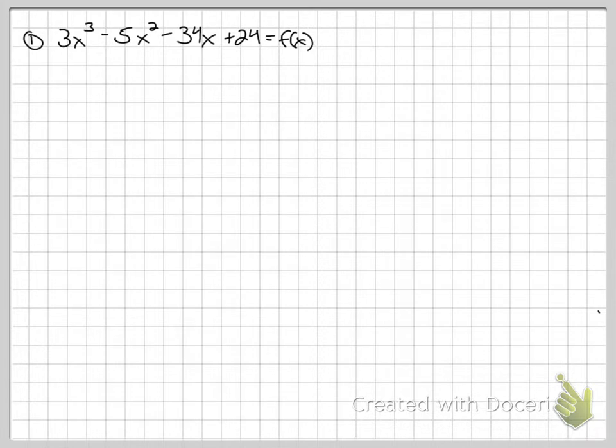So in order to factor it, we want to use p over q. So p is all the factors of 24. So p is going to be plus or minus 1, 2 goes into 24, 3 goes into 24, 4 goes into 24, 6 goes into 24, 8 goes into 24, 12 goes into 24, and 24 goes into 24.